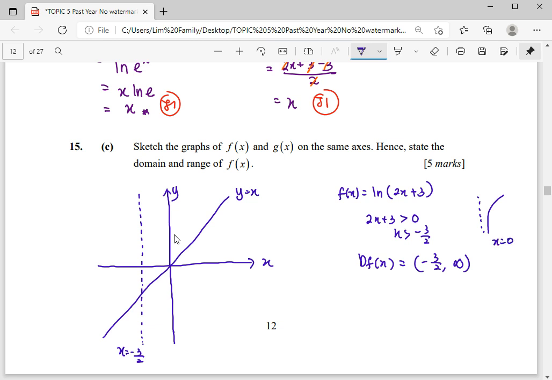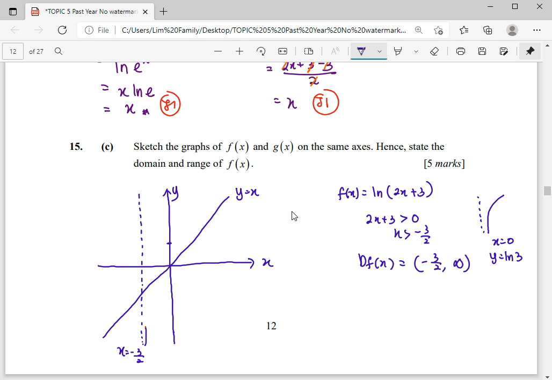When your x equals 0, our y will be ln 3. You can use your calculator and test your point. ln 3 will equal 1 point something. So when you shoot up, you already have 1 point something here, ln 3. So definitely it will go above the axis of symmetry.